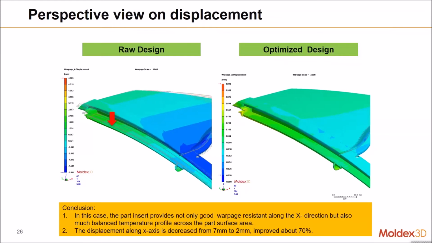So in conclusion, in this case, the part insert provides not only good warpage resistance along the X direction, but also a more balanced temperature profile. And the most important thing is we improved the displacement along the X direction, decreasing it from 7 millimeter to 2 millimeter, about 70%.